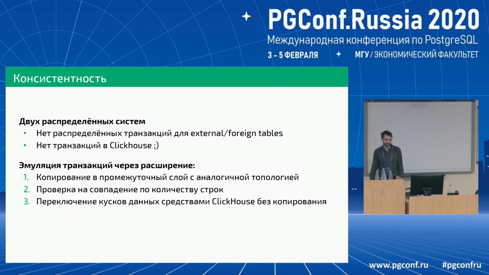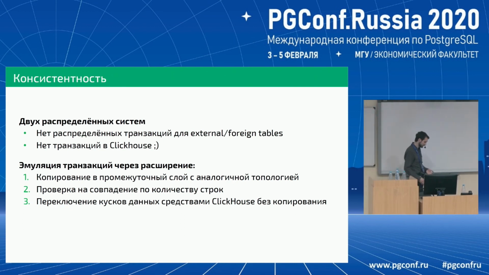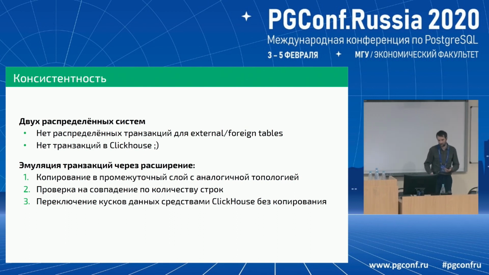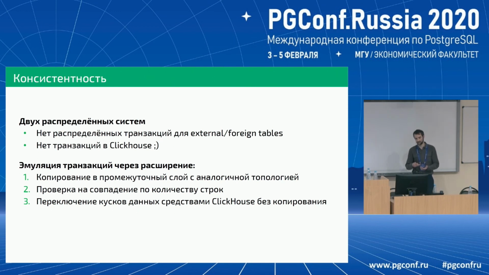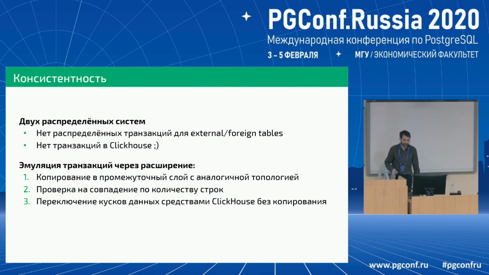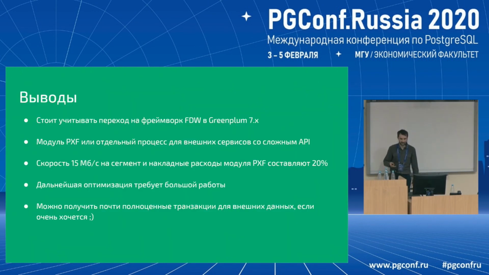If something breaks in the middle, we have additional features in our extension to fix these temporary tables. When we switch these pieces of data, something wrong can happen, but we're trying to minimize these problems.